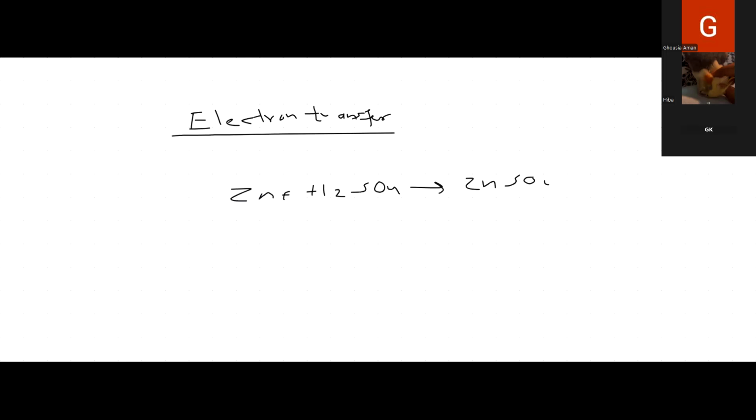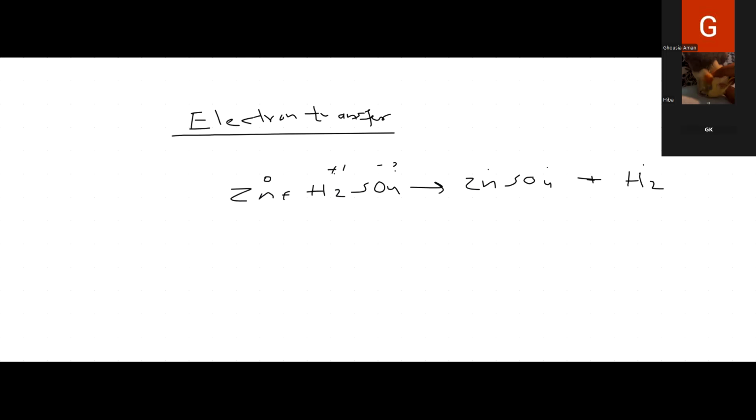First of all, we have to convert this equation into an ionic equation. What does it mean? You have to write down the charges on each and every particle. So zinc, a single atom, has 0 charge. Hydrogen plus 1, sulfate minus 2. Zinc plus 2, sulfate minus 2. And the hydrogen molecule is a covalent compound, so 0 charge.